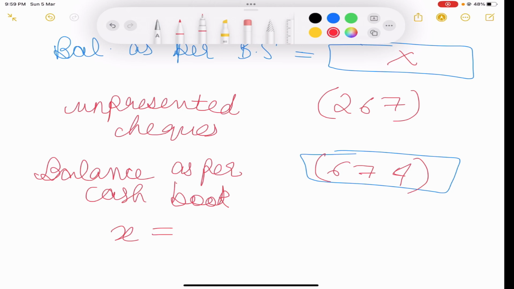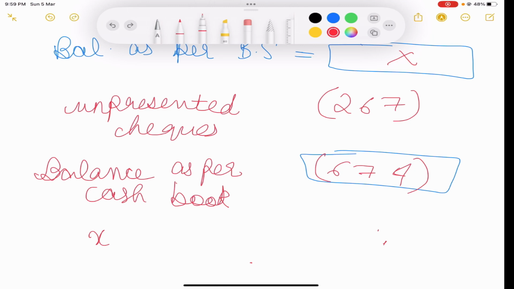Let's call it X. X is equal to minus 267 minus 674, which would be minus 941. Oh wait, I just made a silly mistake. Calculation error. Yeah, balance as per bank statement would give me what?